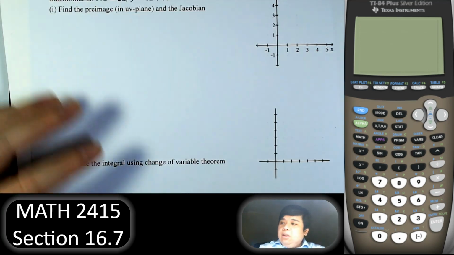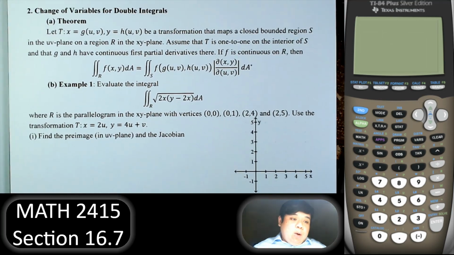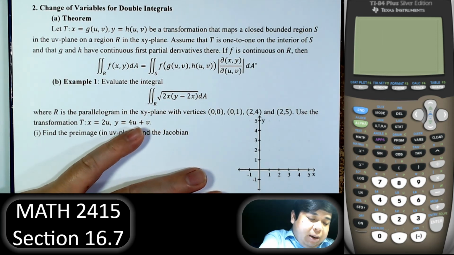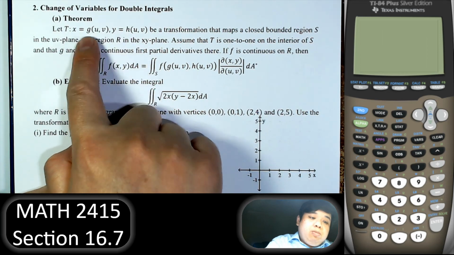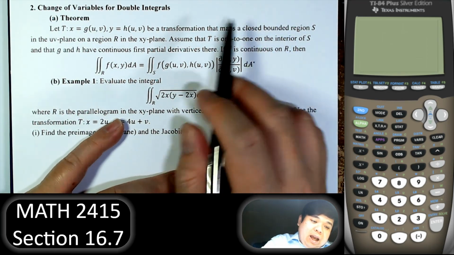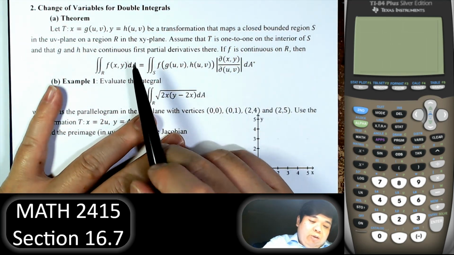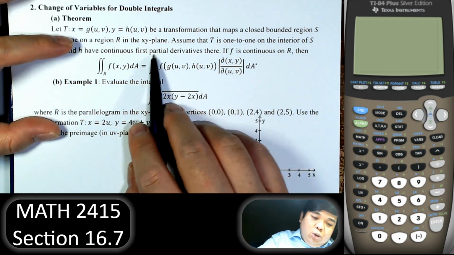Right. Now we have what we call the change of variables theorem. In Calculus 1, we just call that the substitution rule. So let T be a transformation again from uv to x and y. And on the technical side here, assume it is 1 to 1.